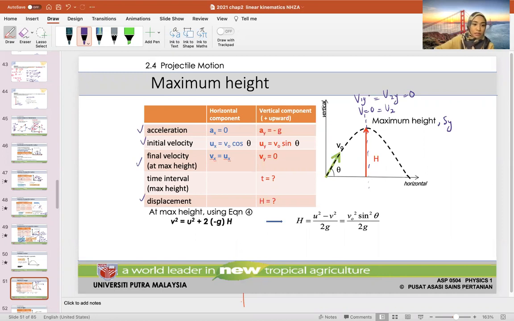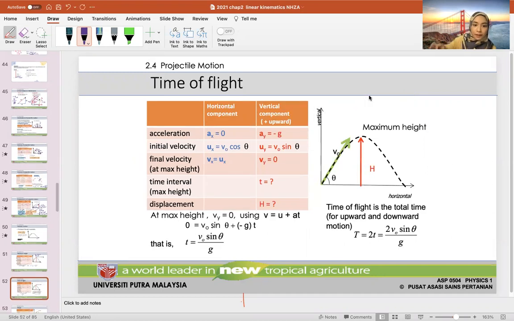But kita dah belajar banyak dah pasal linear kinematics. So when we are talking about maximum height, we are talking about the y-axis. Therefore, the velocity is also the y-axis punya velocity lah, Vy. And acceleration pun kena y-axis acceleration, which is gravity.